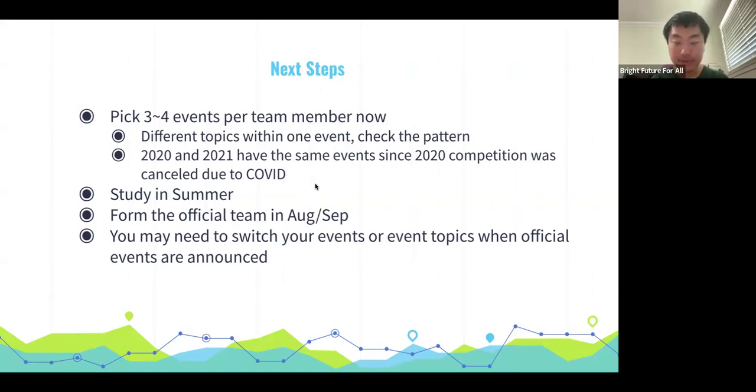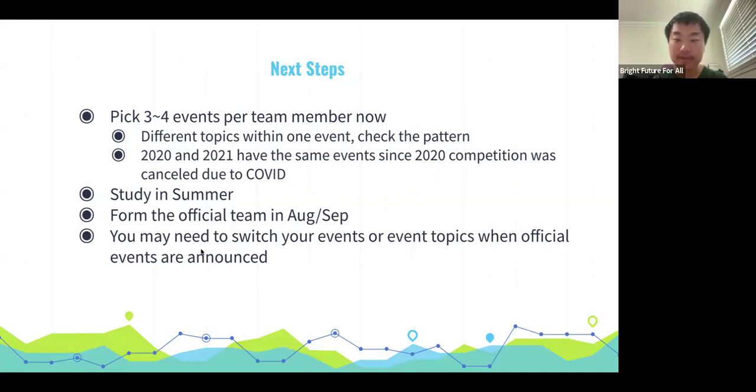A big tip: start studying in the summer, just to get a basic understanding of your events. This will give you a much bigger head start compared to other schools that wait for everything in the fall.